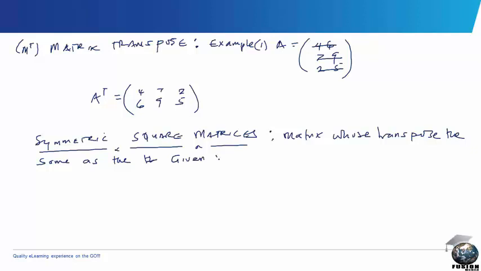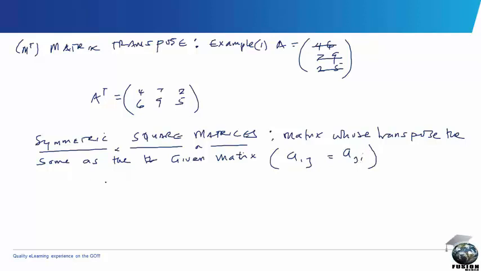There are matrices like that, such that Aij is equal to Aji. Here ij stands for row and column, which is equal to column and row.